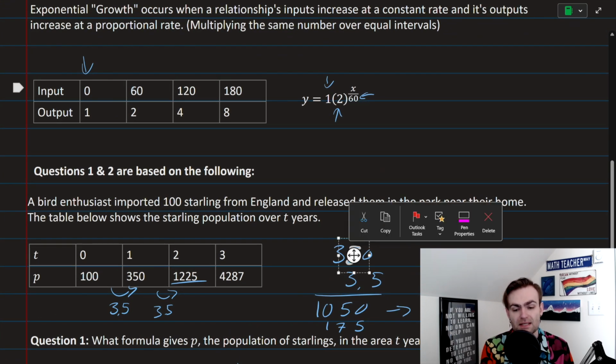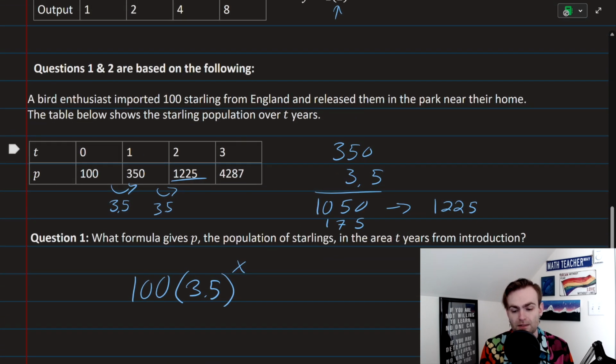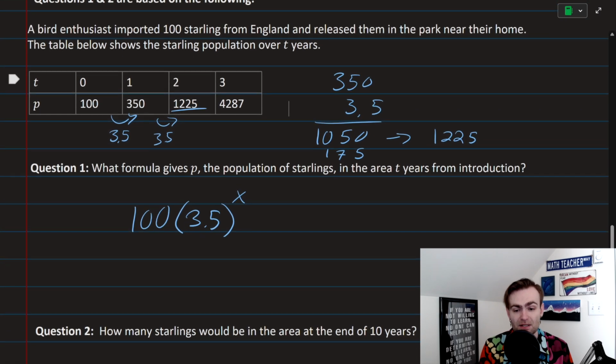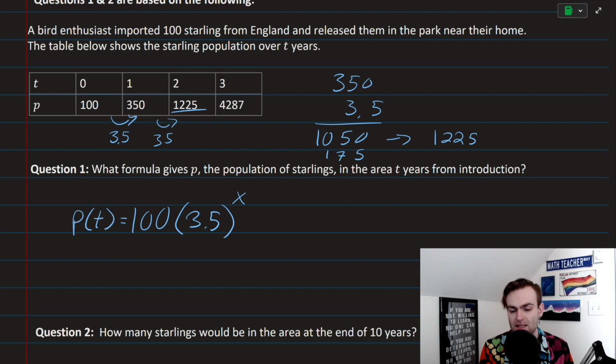But look at the inputs. The inputs were increasing by 60 every time. For this one, they're increasing by 1. So we do not need a denominator. So our function here, essentially, is P of t is equal to 100 times 3.5 to the power of not x, but it needs to be t.